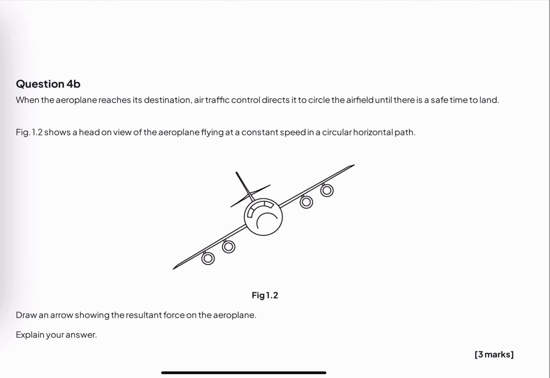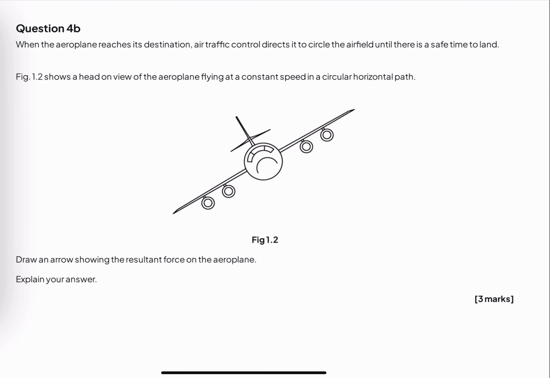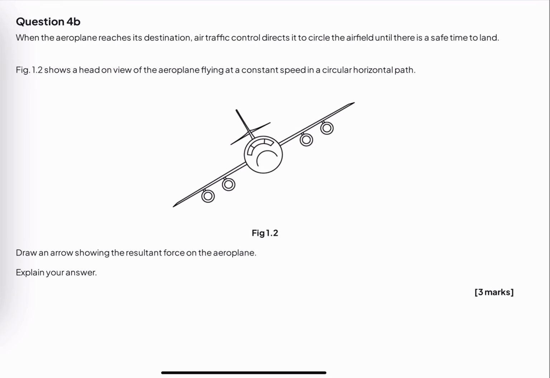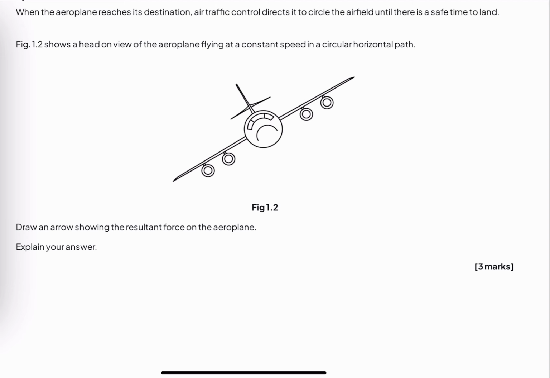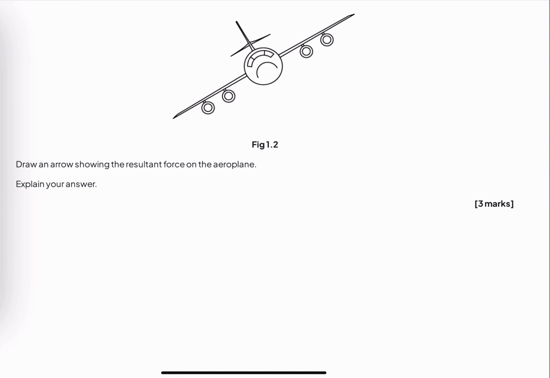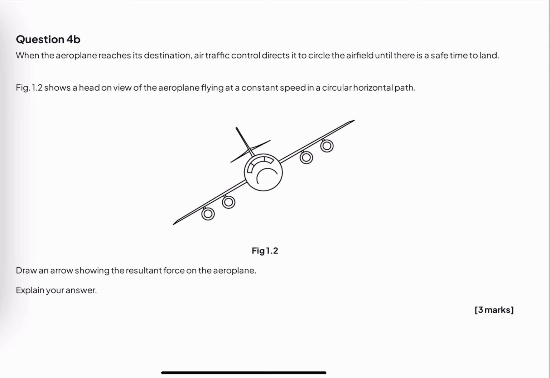Question 4b. When the aeroplane reaches its destination, air traffic control directs it to circle the airfield until there is a safe time to land. We have a head-on view of the aeroplane flying at a constant speed in a circular horizontal path. Draw an arrow showing the resultant force acting on the aeroplane. First of all, you have to consider a circular path. Its center will be somewhere here. The resultant force for a circular moving object is always towards the center.